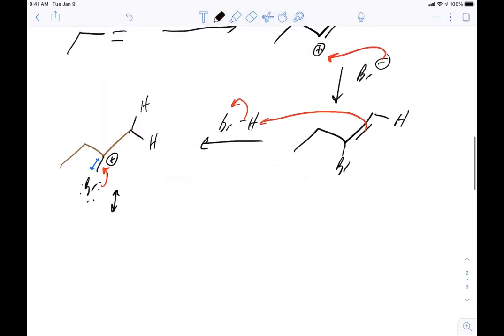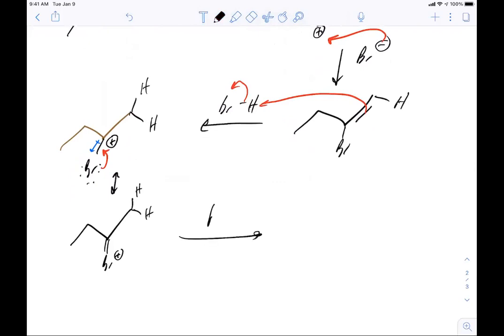So although we have an inductive destabilization, we have a resonance stabilization. Because of this, the more stable carbocation is actually where the halide is.